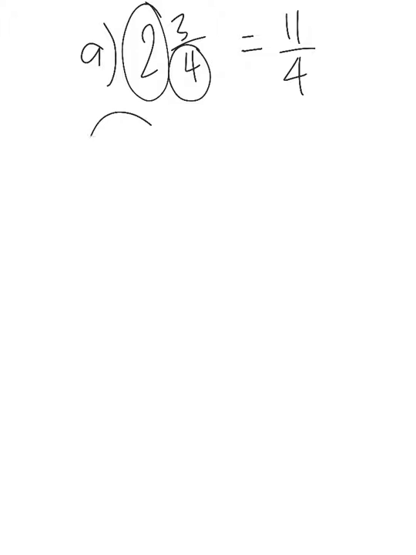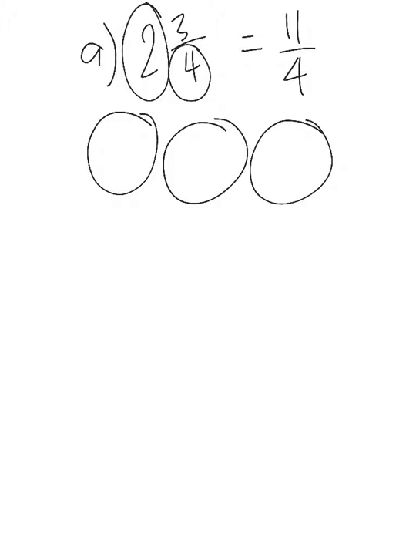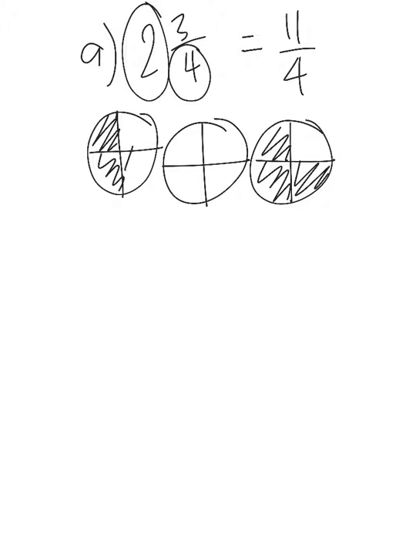So if we put that in pizza form, and our pizzas were all in quarters, we've got 2 whole pizzas plus 3/4. All of our pizzas are actually in quarters. It's just that we have 4/4 here and another 4/4 here, and that makes 2 wholes plus 3/4.